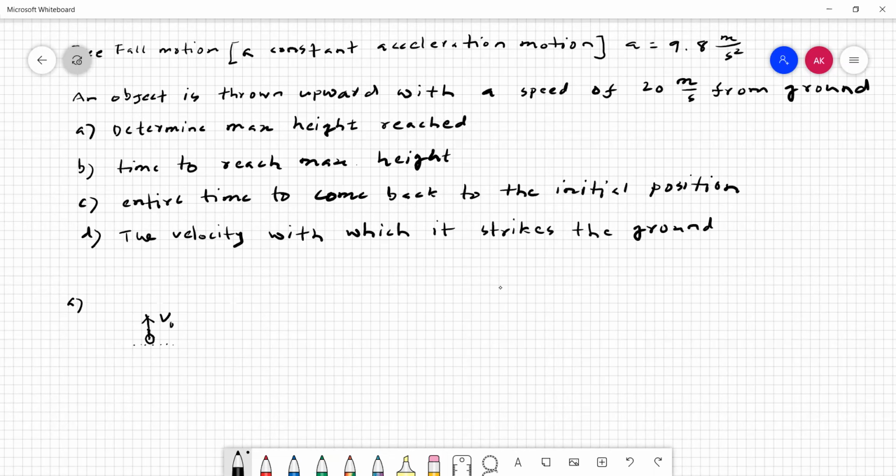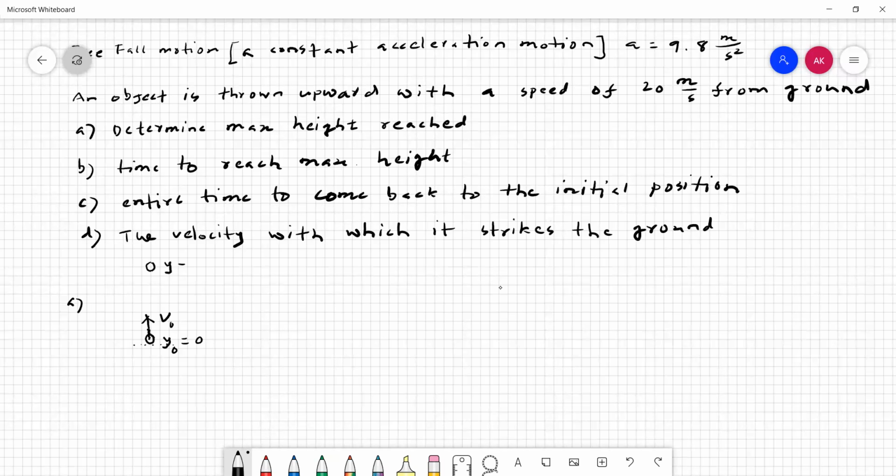We are asked to find the maximum height reached by the object. So the object reaches a point where it reaches its maximum height, and we can call this position y. The ground position we can call y0, and we can also say y0 is equal to 0.